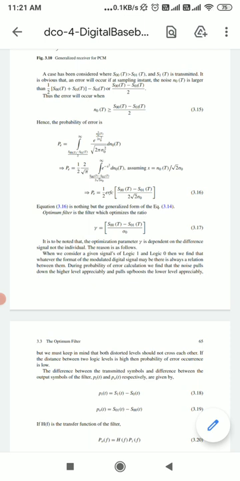So the optimum filter can be used to maximize the ratio (S01(t) minus S02(t)) upon sigma naught in such a way that its probability of error is minimum.